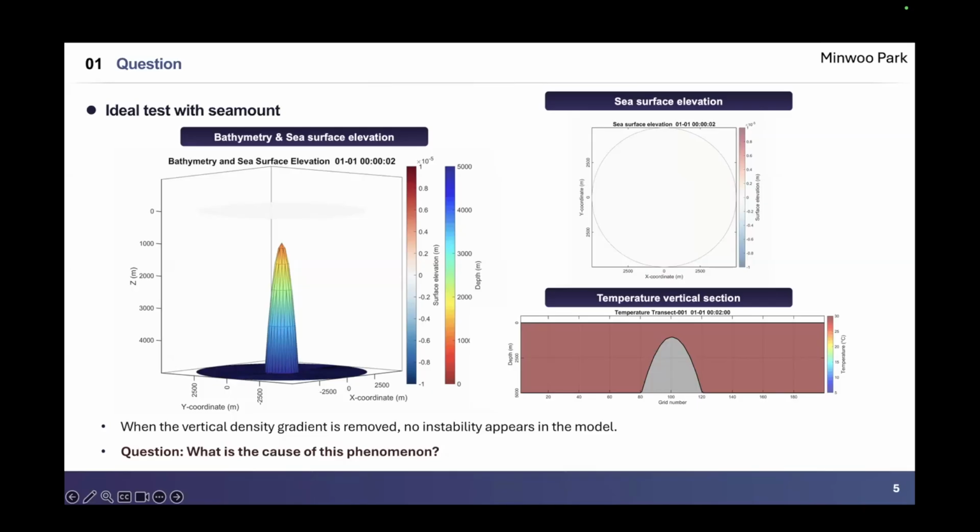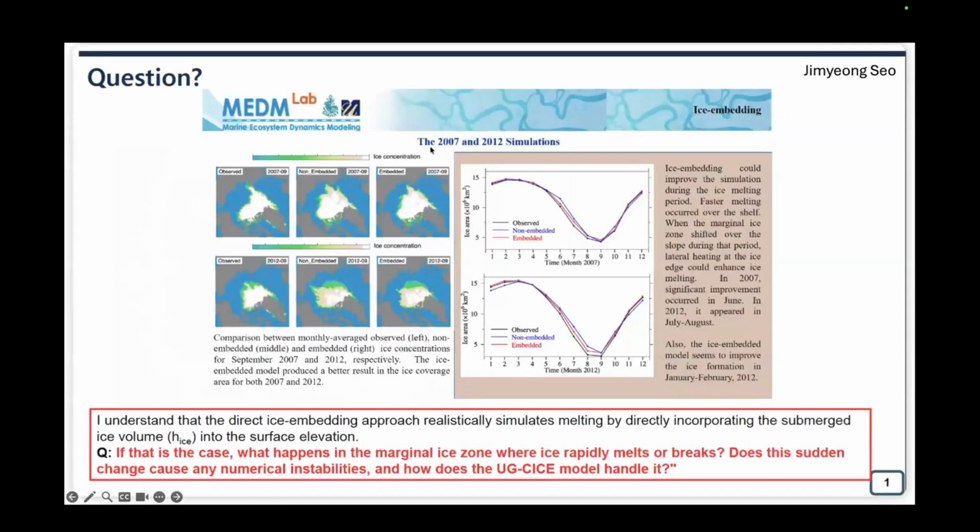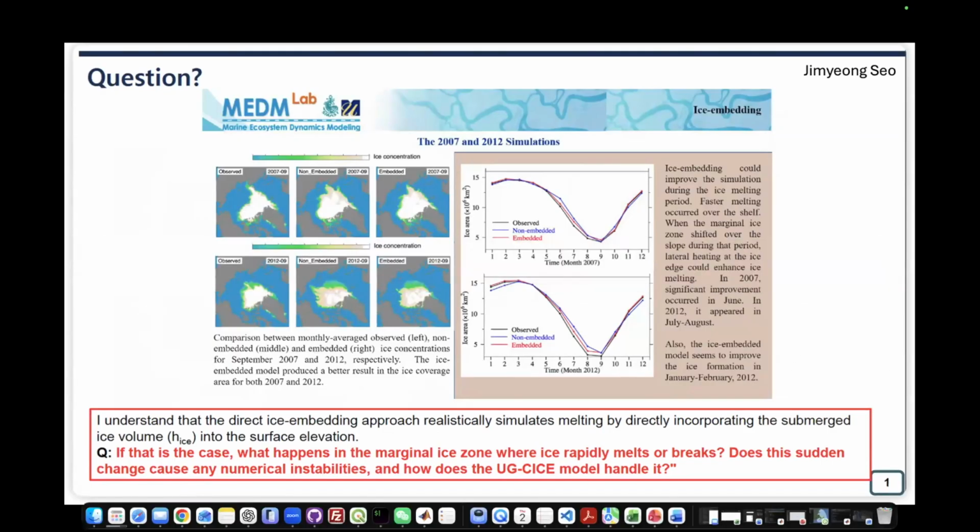So these are the two questions that I received before the class. Is there any other question? No? Okay, let me answer the first question. I need to find a paper to show you why this does not have an instability problem.